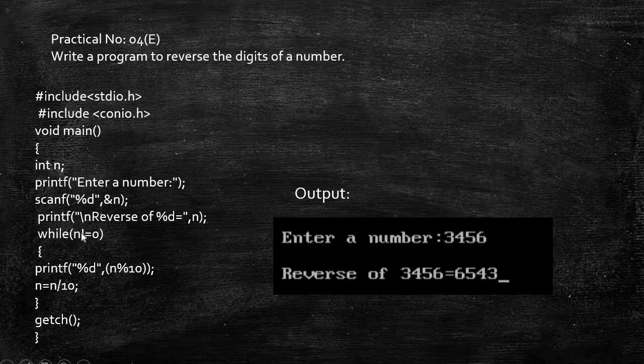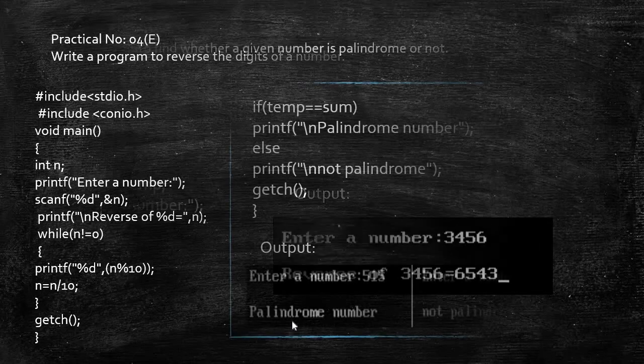If n is not equal to 0, then it will find the mod of 10 and divide by 10, and that answer will be stored within the n variable, and then automatically with the help of this process I will get the reverse of my entered number.